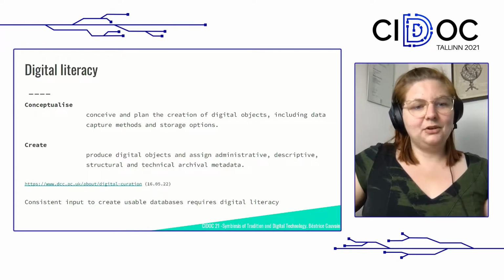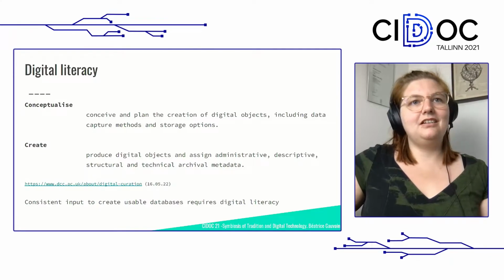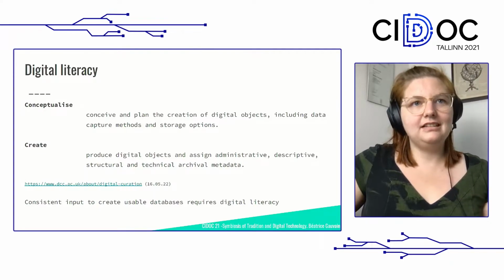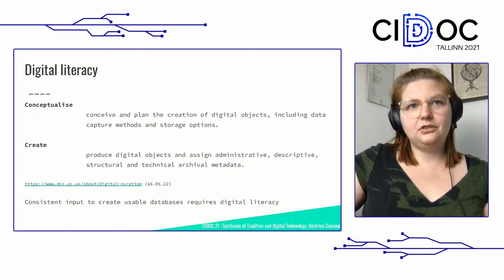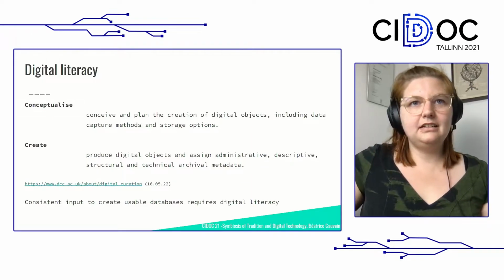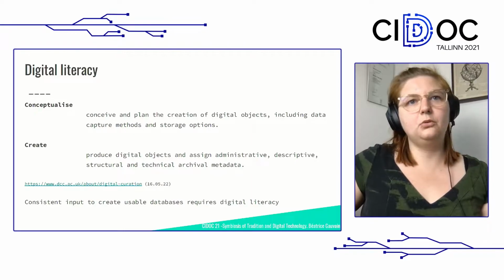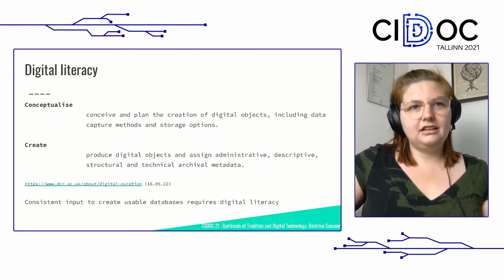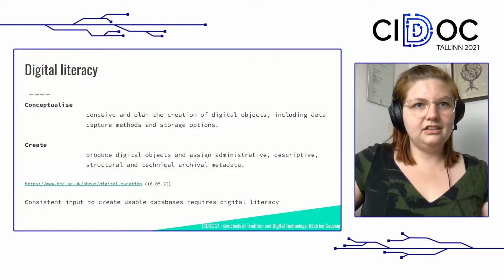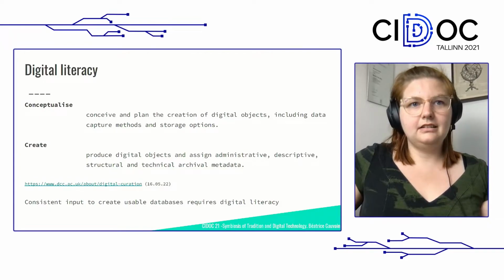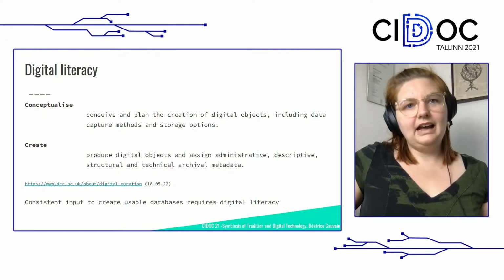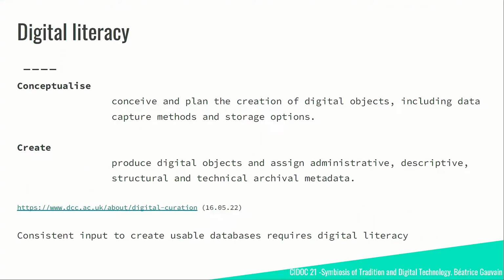Now I also want to emphasize the importance of controlled vocabulary. When we are in the conceptualizing phase and the creation of the data, we have to assign administrative, descriptive, structural, and technical metadata, and we have to plan how to create those digital objects. But cultural heritage institutions already have a knowledge management system in place. So we have to go a step back and look at digital literacy.